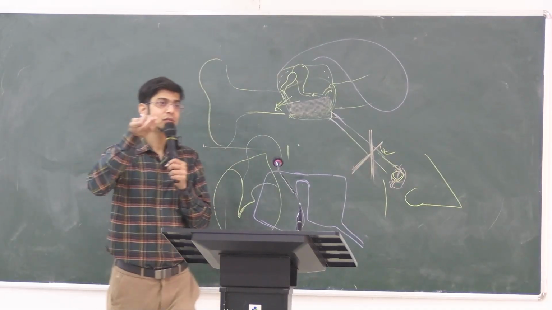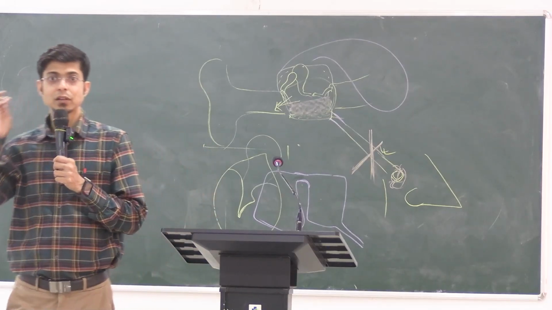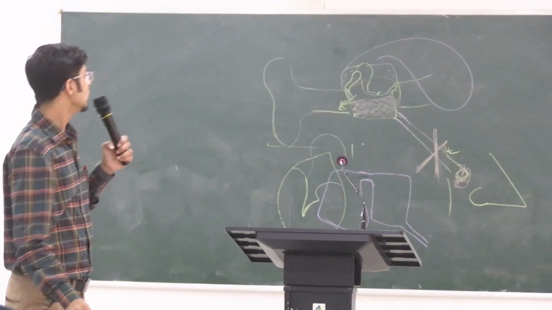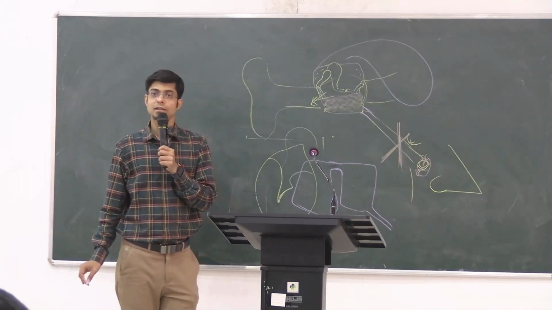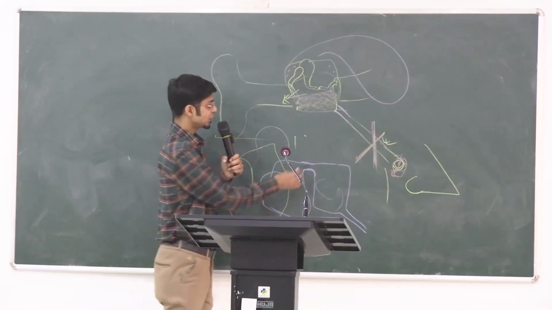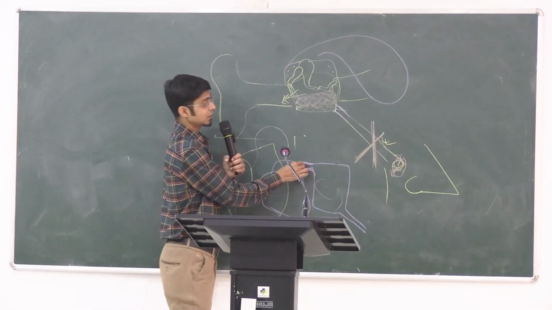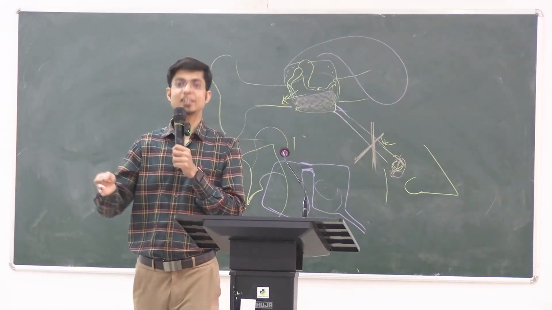Mastoid cavity, you have gone through the temporal bone, right? You know what a mastoid antrum is? Mastoid air cells. So, mastoid air cells act as a reservoir. So, if there is any infection in the middle ear, what is this thing called? Full name. It's called the aditus ad antrum.